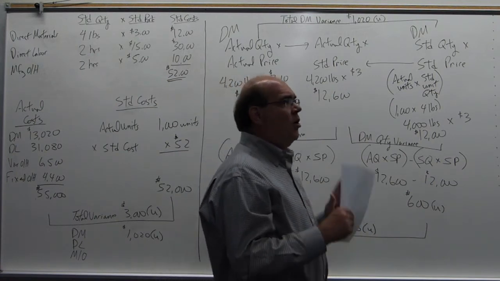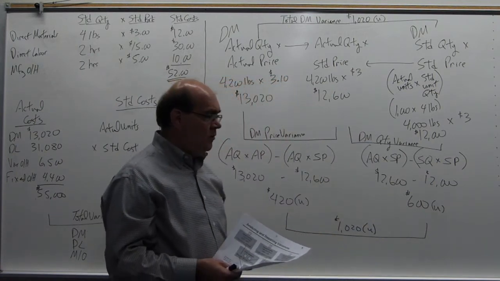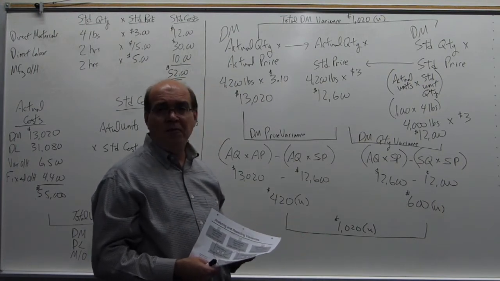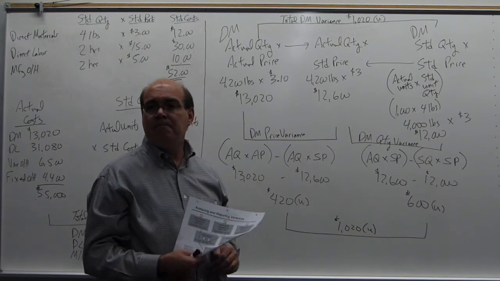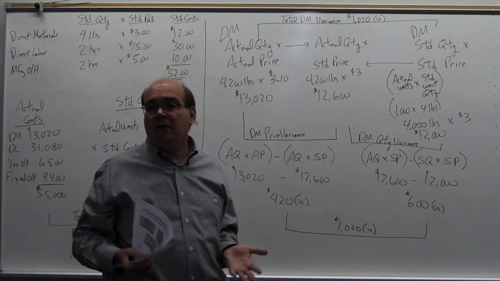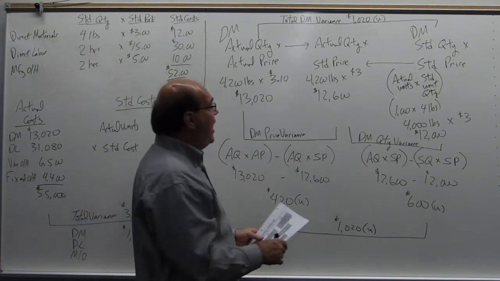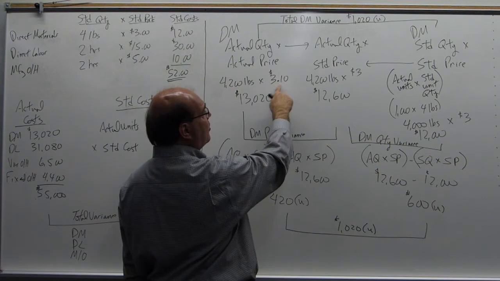The other thing is people get this wrong. On the multiple choice questions, do you think I'll go through and give you 2 answers, and one is 1,020 unfavorable and one is 1,020 favorable? Oh yeah. And about 20% of the students miss it. They get the right number, and then I don't know, 50% favorable. How do I know if it's favorable or unfavorable? Just go back and look and say, okay, I'm trying to find the price. Was the actual price higher or lower?